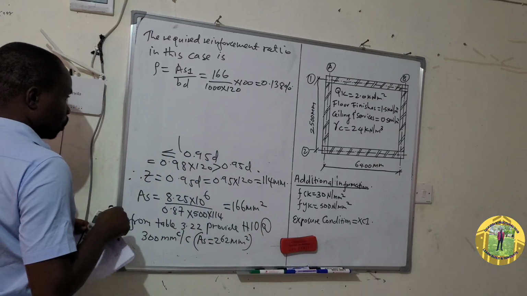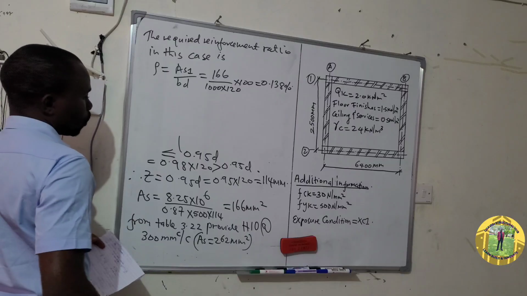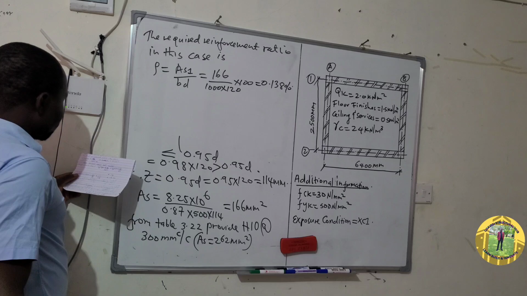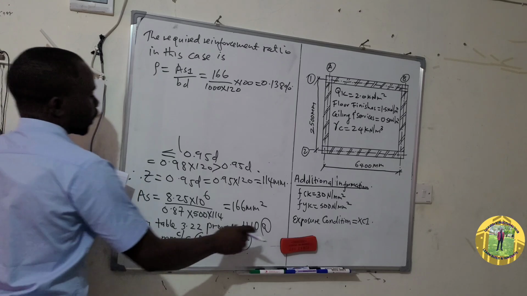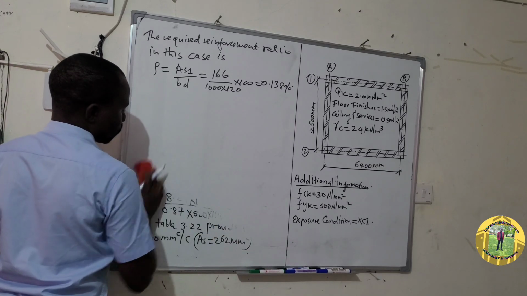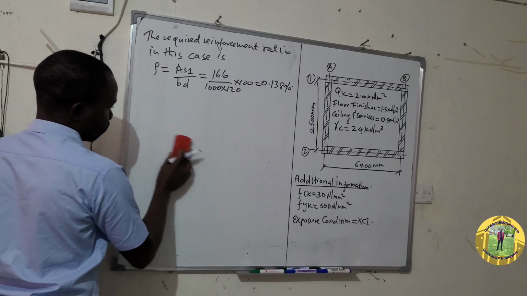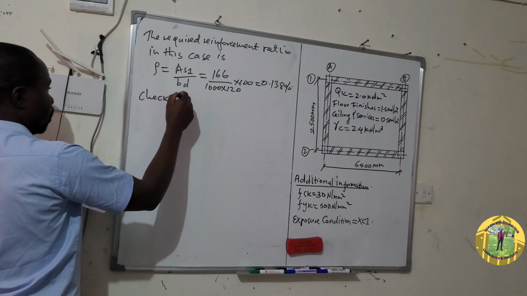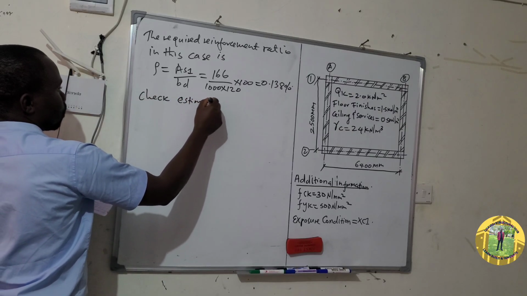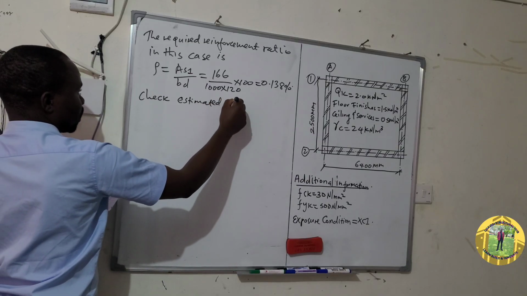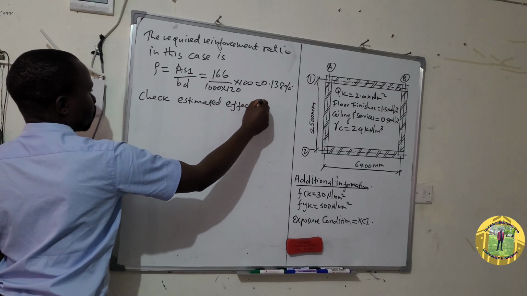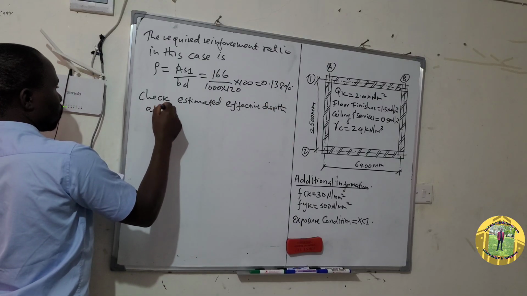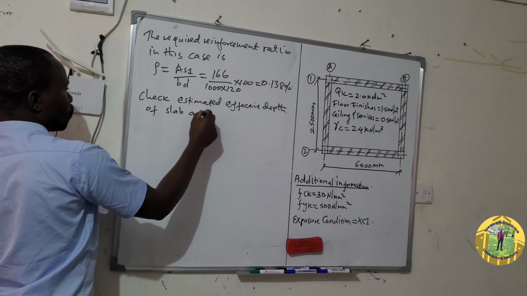0.138%. From there, you can check the estimated effective depth of slab and deflection.